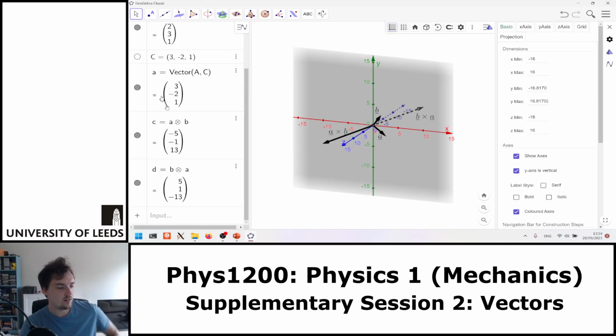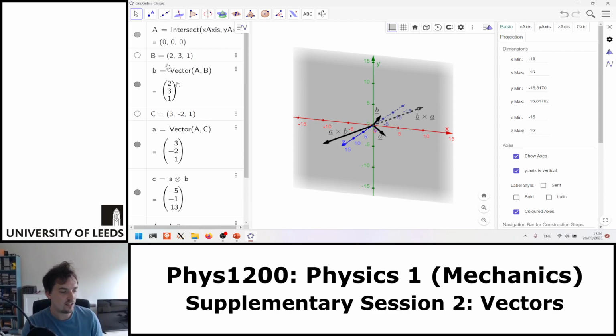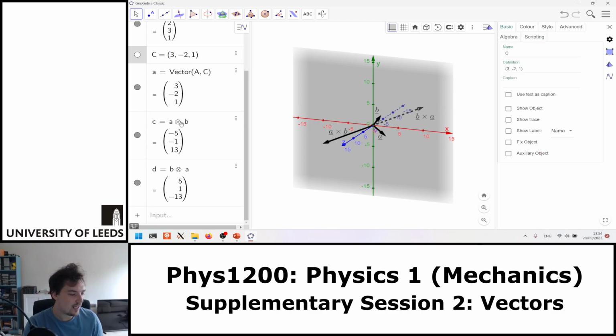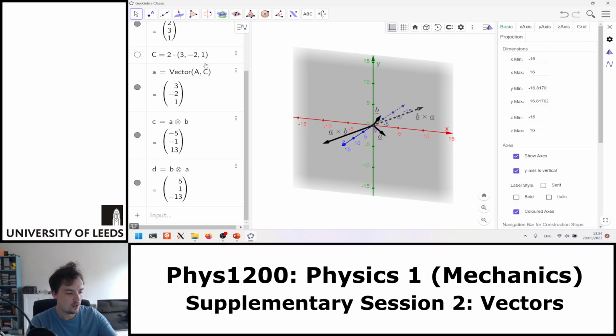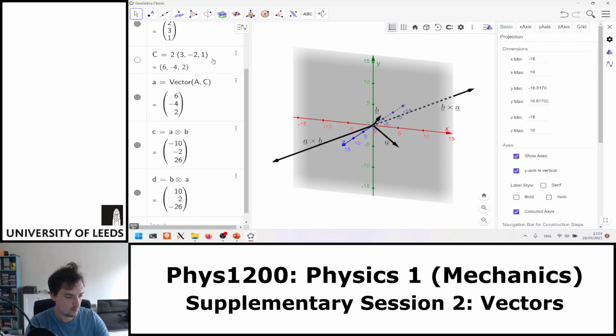So what I can do is I can use these things up the side. This is the definition of vectors. This C point here effectively allows me to change the vector A. So if I make C 2 times as big, watch that vector A there. It got 2 times big. A cross B got 2 times as big.